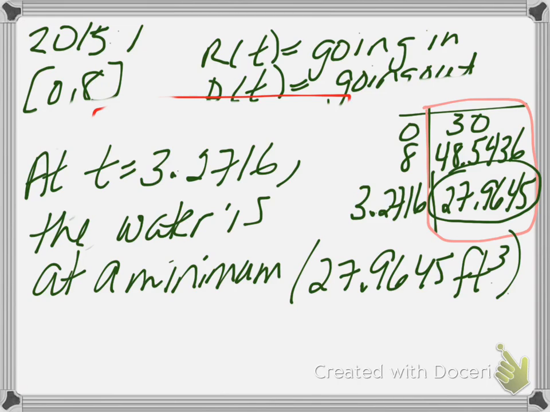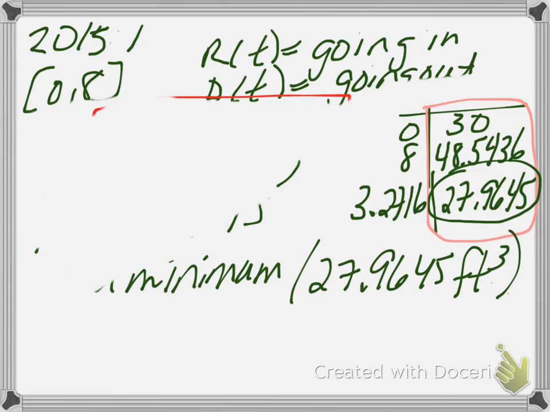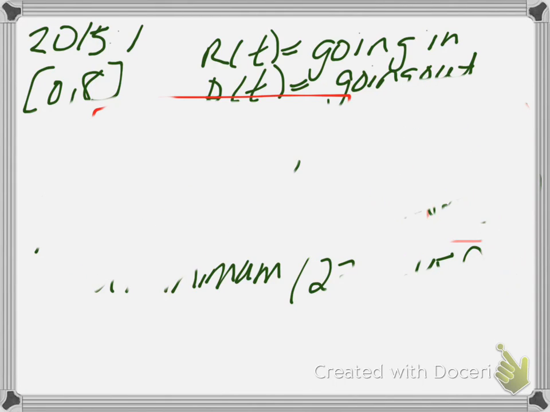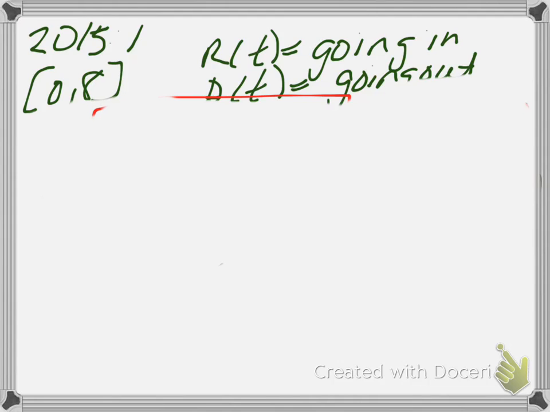Okay, and we have one more, which is part D. That one is a little bit time consuming, so if you're running low on time, that's going to be one you're going to choose to not do. For part D, it's saying that the pipe can hold 50 feet of water before it's going to overflow. If it goes more than 50 feet, it's going to start overflowing. The question is to write an equation, an integral, but you don't even have to solve it, to show when the pipe will begin to overflow.